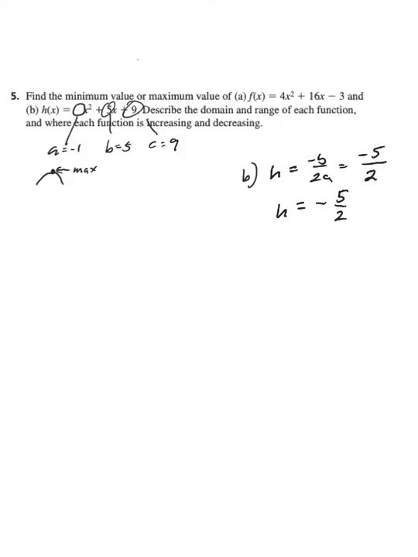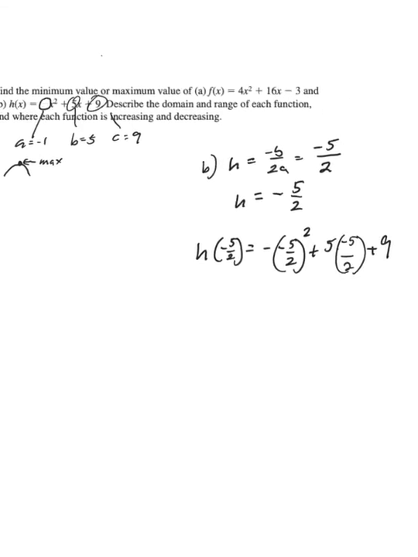So now h of negative 5 halves equals negative 5 halves squared plus 5 times negative 5 halves, plus 9.